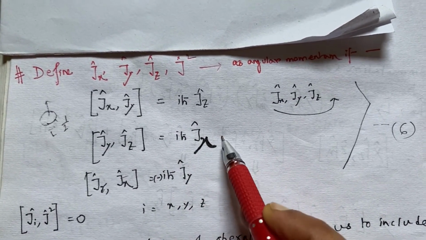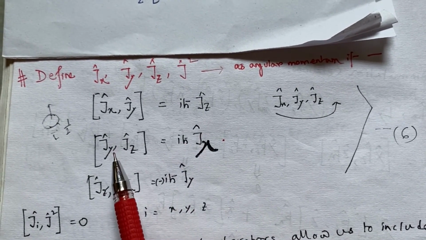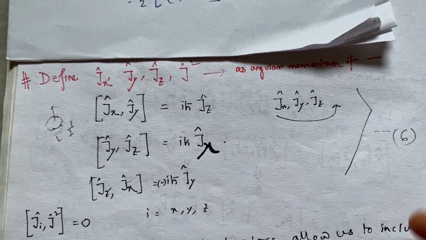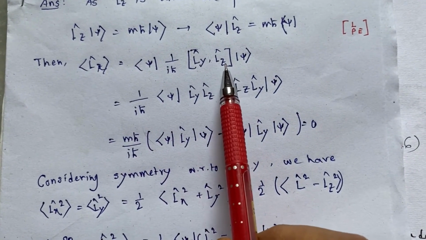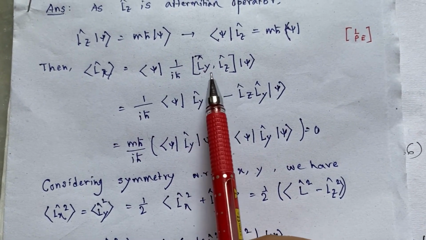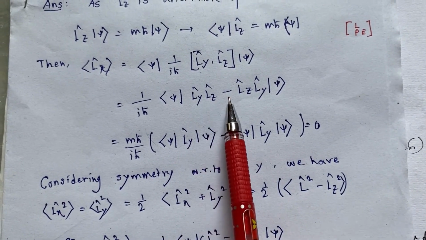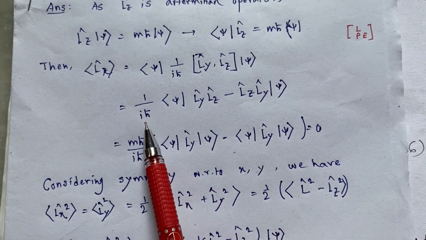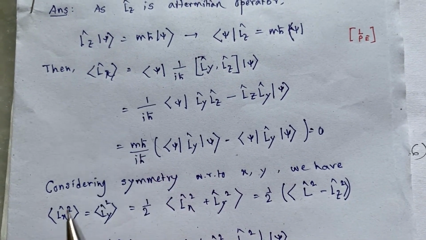I am using this one, that i h cross Jx equals the commutation relation of Jy Jz. So here in place of Lx, I have written the commutation relation of Ly Lz, and it looks like Ly Lz minus Lz Ly, times 1 by i h cross, which is a constant I can easily take out of the expectation value itself.